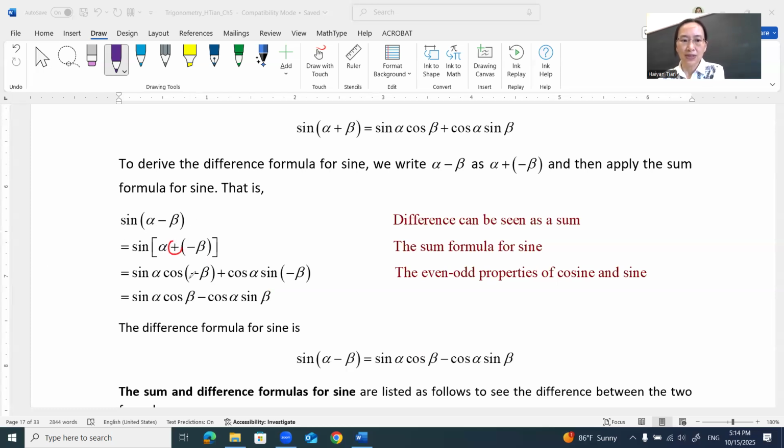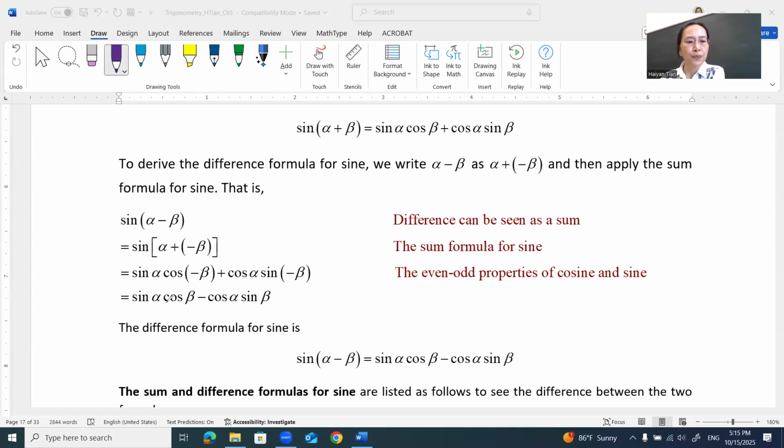So we write it into a sum. Once we have the sum of two things, then we apply the formula already established: sine of a sum. So sine of this sum is sine of first, cosine of second, plus cosine of first, sine of second, which is negative beta second.